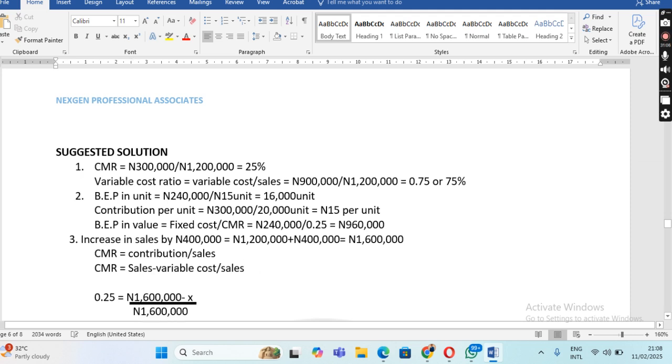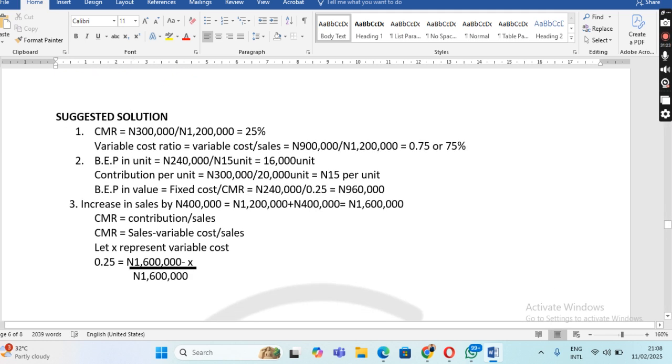Class, let me go to mathematics. Let S represent variable cost. Class, let S represent what? Variable cost. What do you do? You cross multiply. So when you cross multiply, 0.25 will multiply 1.6, right?